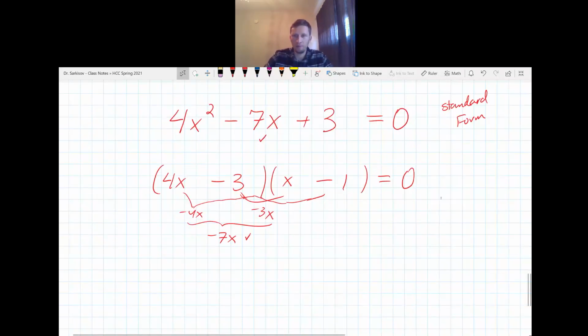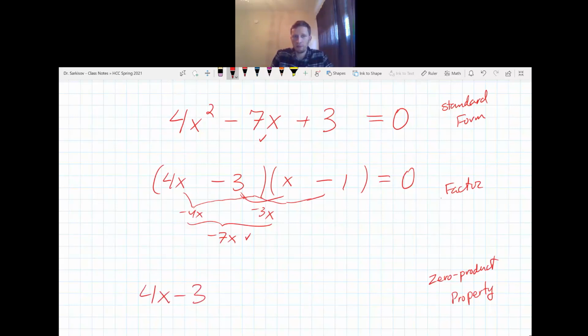Why did I want to factor? Because now I can use the zero product property to simplify this a lot. In other words, I have two linear equations. 4x minus 3 is equal to 0, right? Or x minus 1 is 0.